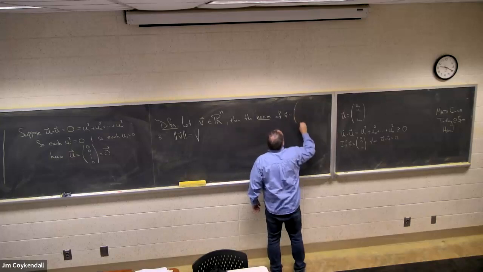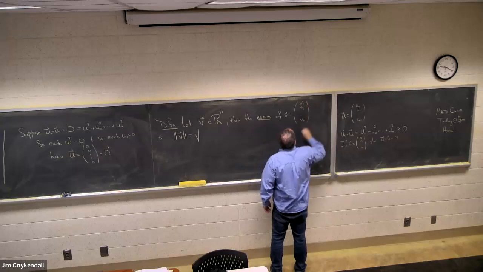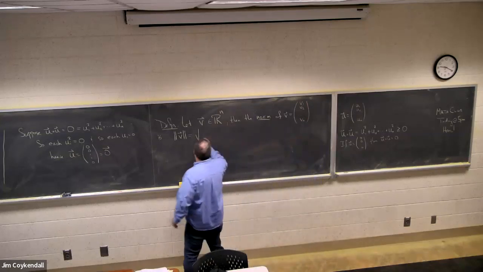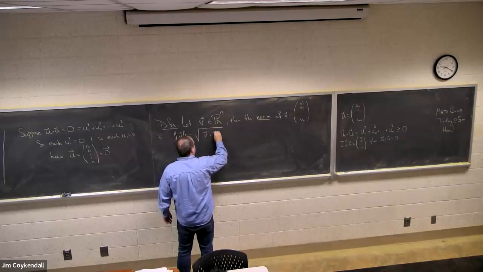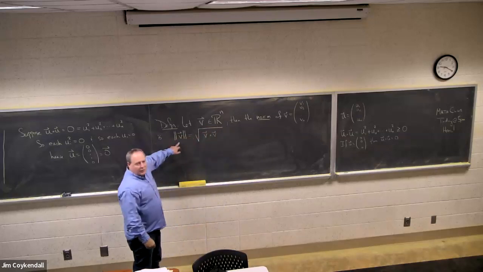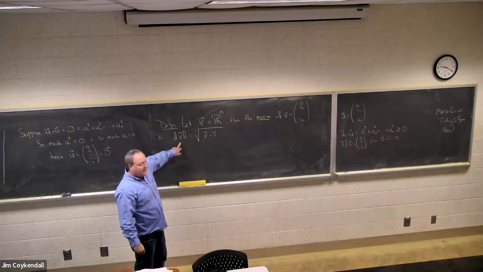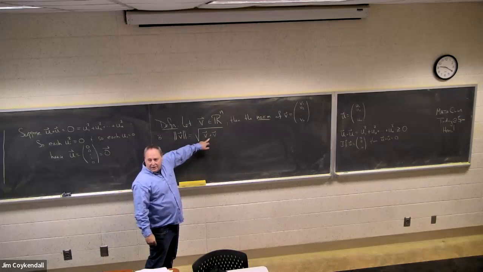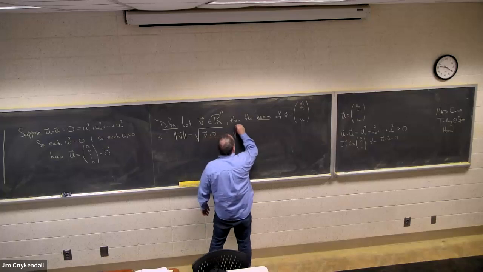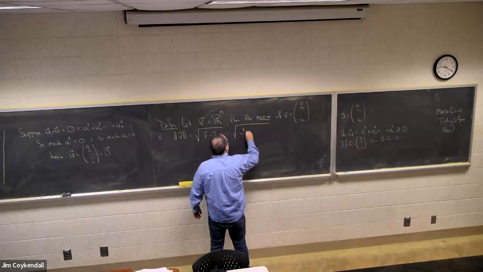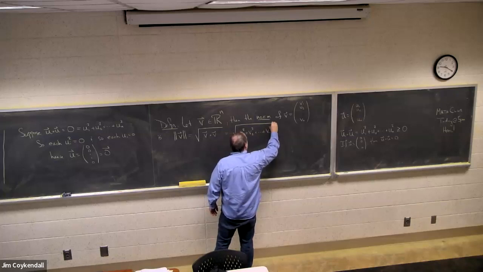Here I'm giving you some notation to work off of. We define the norm of this vector as the square root of the vector dotted with itself. Since this thing is never negative, I've got no worries doing this, right? And of course, this is the square root of b1 squared plus b2 squared plus up to bn squared.